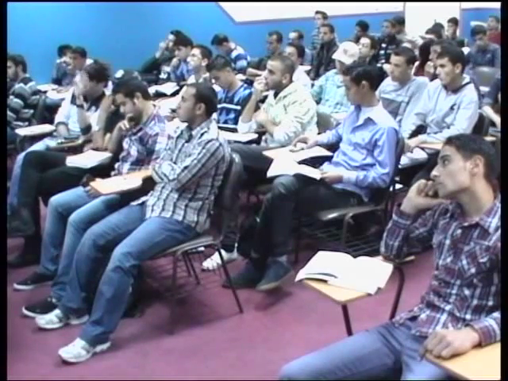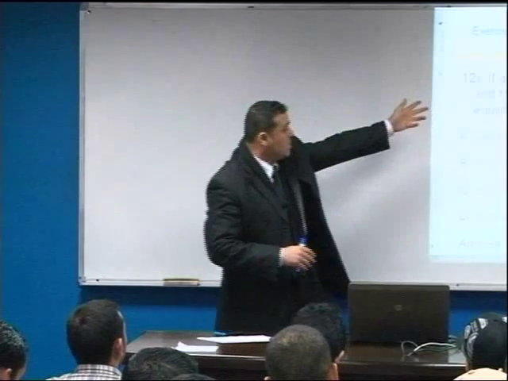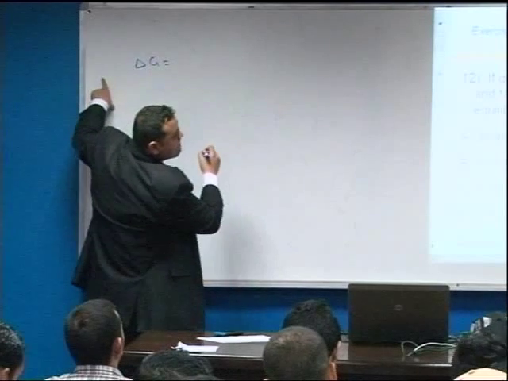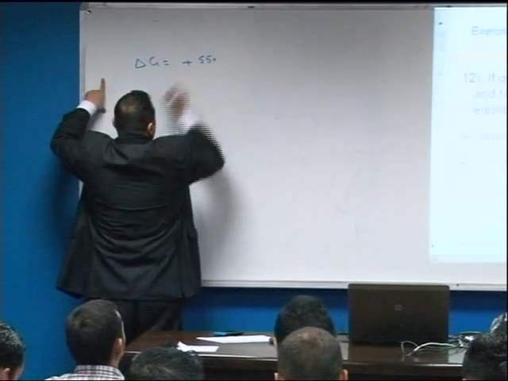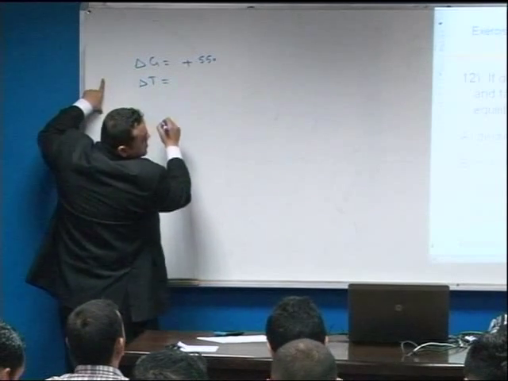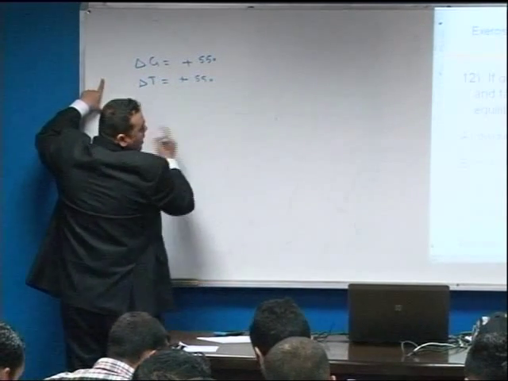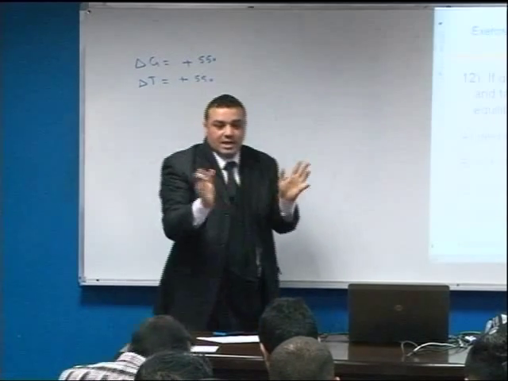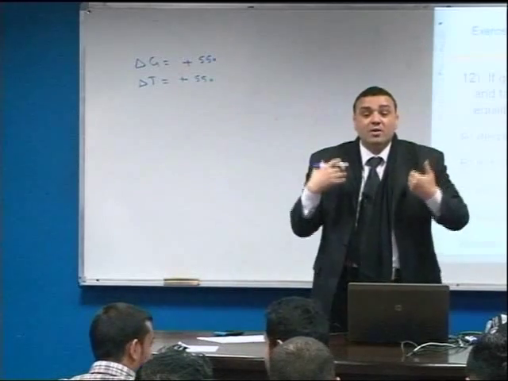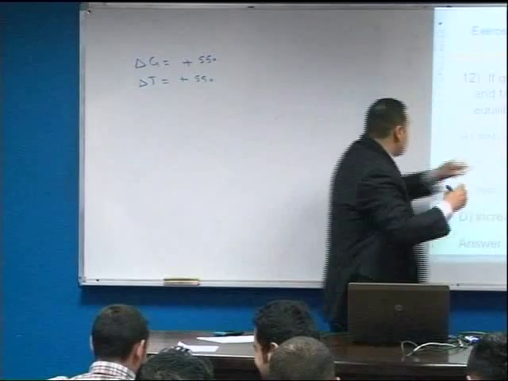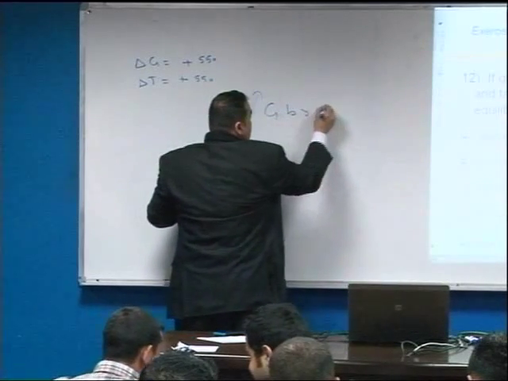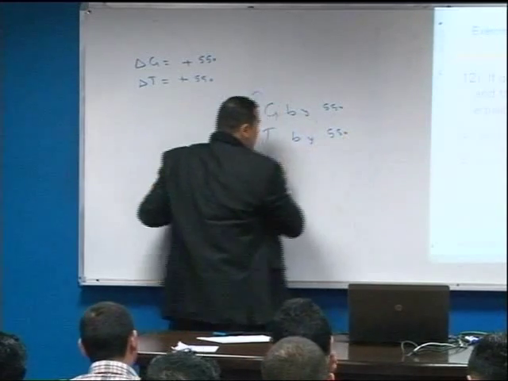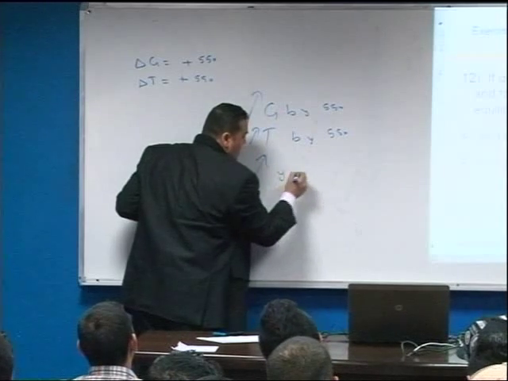No, delta T. So delta G equals how much? Positive 550, and delta T equals positive 550. The MPC and MPS are not given, but we know that increasing G by 550 and increasing the taxes by the same amount, Y would increase by the same amount.